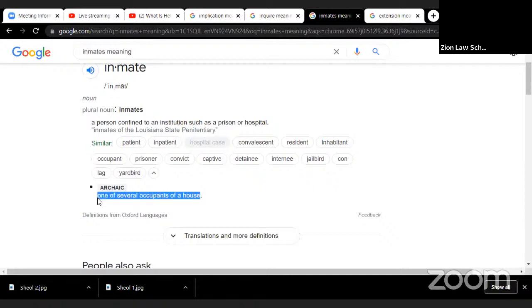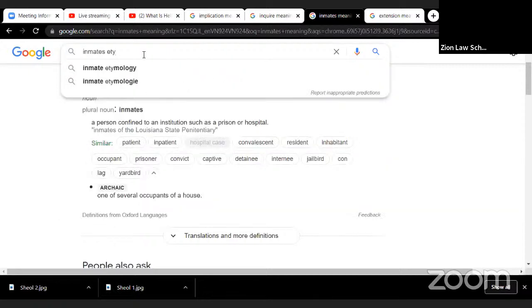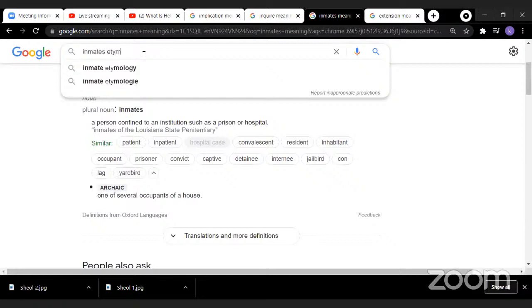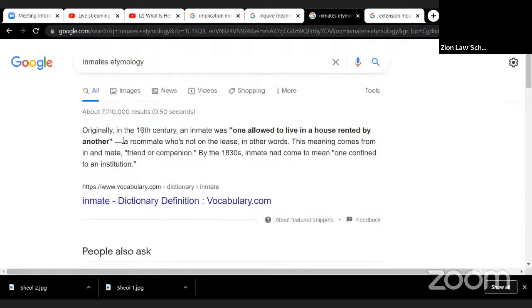Oh, so this would be the ancient meaning. Let's look at something real quick. Anybody have any thoughts? It's been changed. Let's see, the etymology of inmate. Originally in the 16th century, an inmate was one allowed to live in a house rented by another.